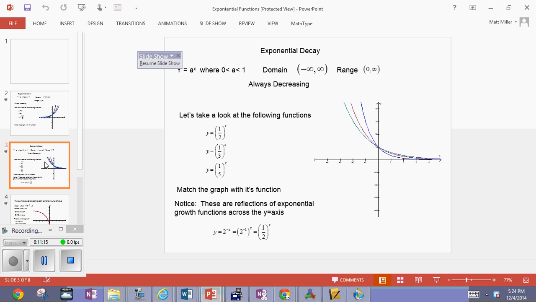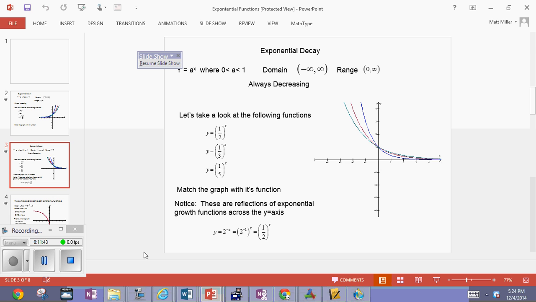For exponential decay, opposite direction, always decreasing as x increases, with the restriction a between 0 and 1. Domain and range are pretty much the same in either increasing or decreasing. Again, take note of how we can illustrate by reflections the relationship between exponential growth and decay.